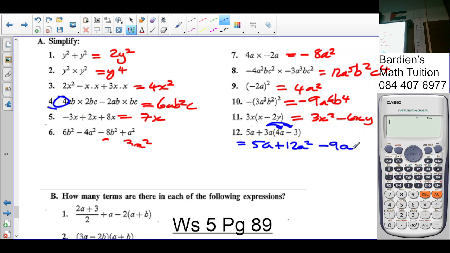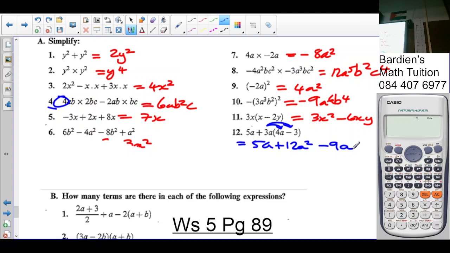Did you write 8a then? No, sir. What did you write? I wrote 5a minus 12a squared. How do you get minus? Check the sum, the line before that. Did you write down the sum properly? Did you say 5a plus 3a? Or did you say minus 3a? For the question, yes.